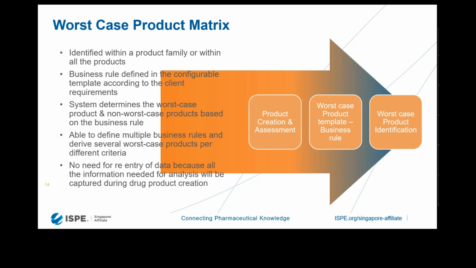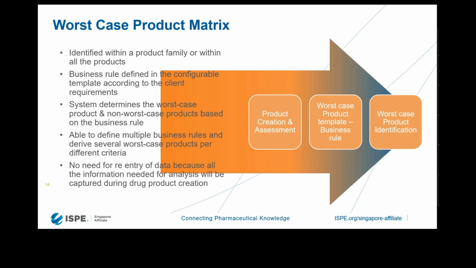So flexibility through the configuration will be there, and no need for re-entry of data, because all the information needed for analysis will be captured during drug product creation. That is correct. You don't need to re-enter any information. It's a one-time activity: once you create a product, you capture the information.